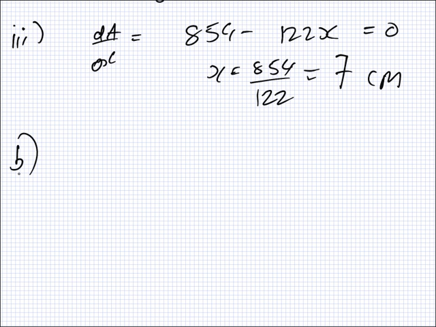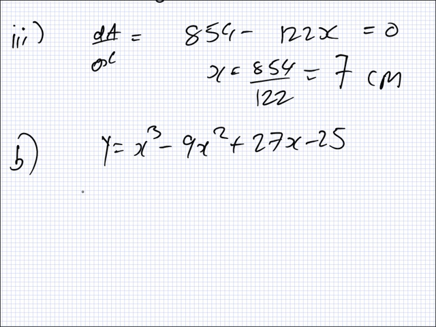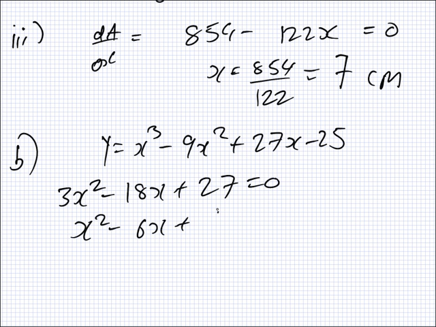Part B. A curve has this cubic equation. Find the stationary point. How do I find the stationary point? Make the derivative equal to 0. I can divide by 3, can't I? And just the one answer? 3.